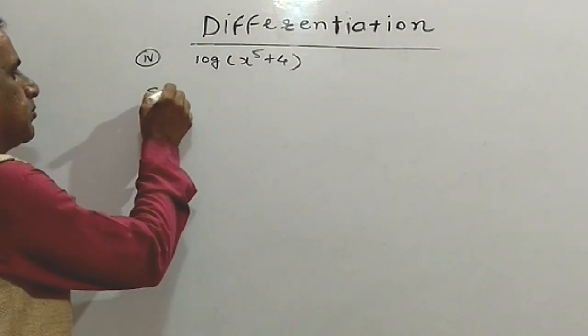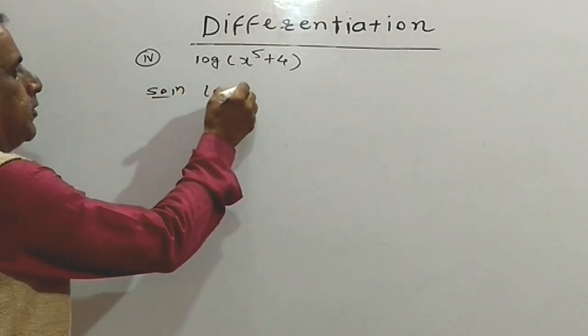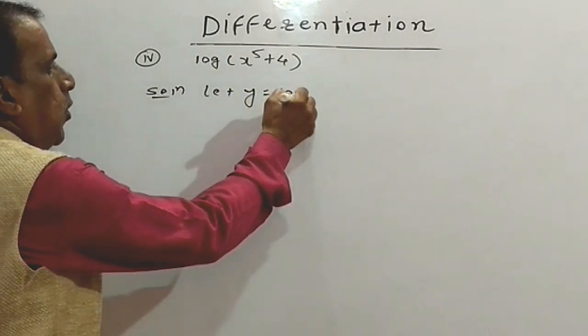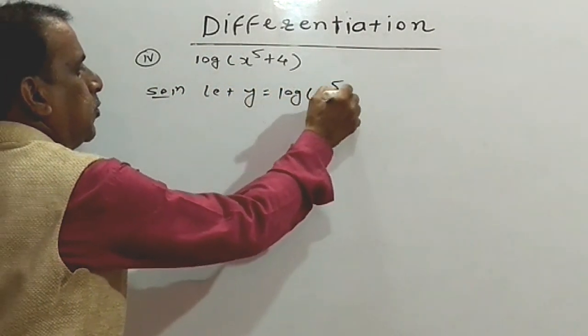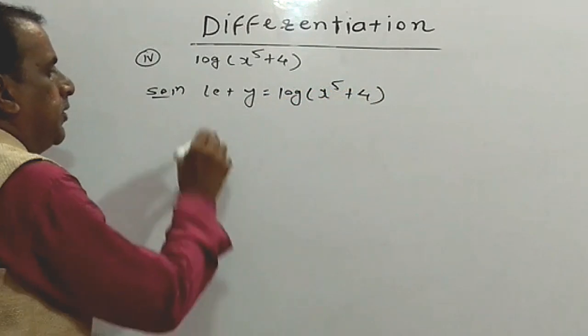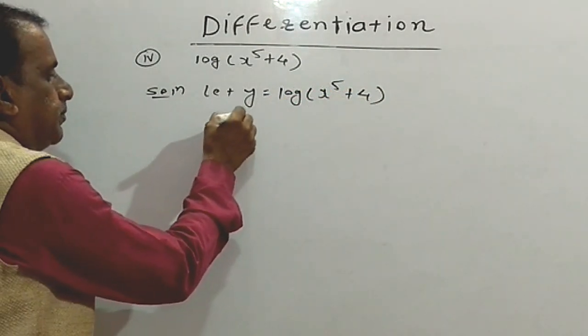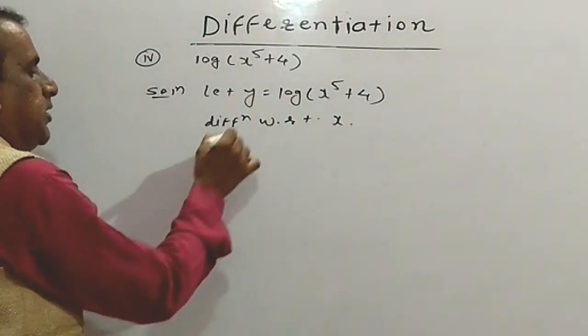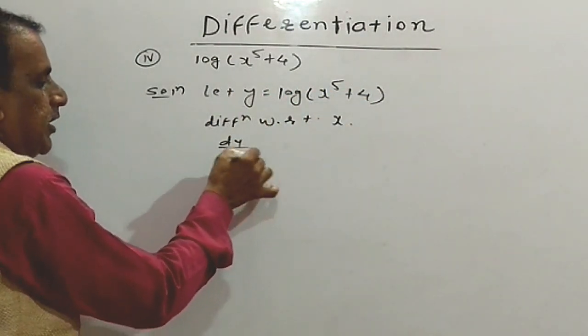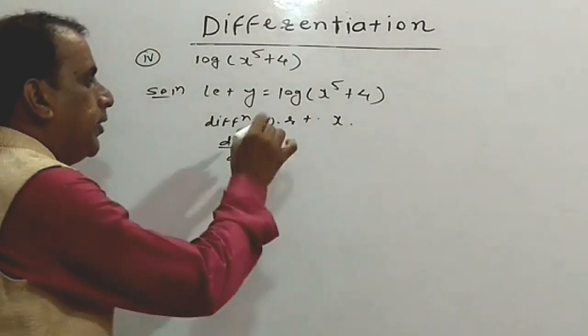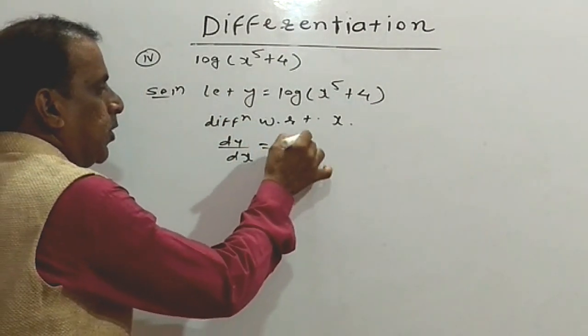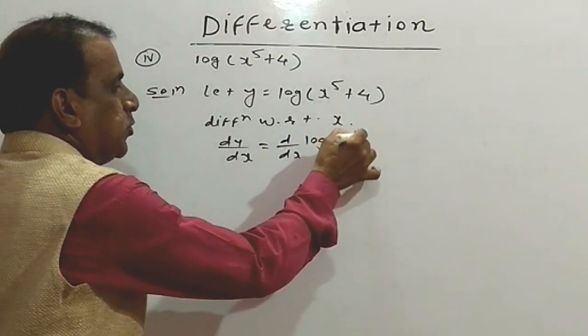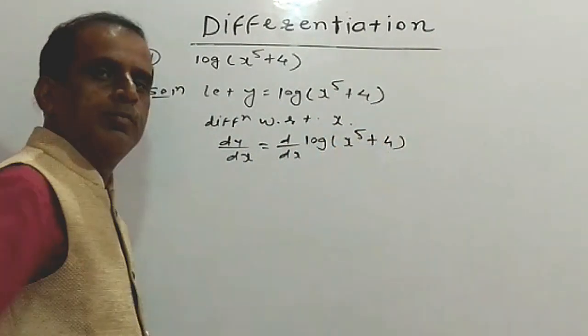Solution. Let y is equal to log of x to the power 5 plus 4. Differentiate with respect to x, so dy/dx is equal to the derivative of log of x to the power 5 plus 4.